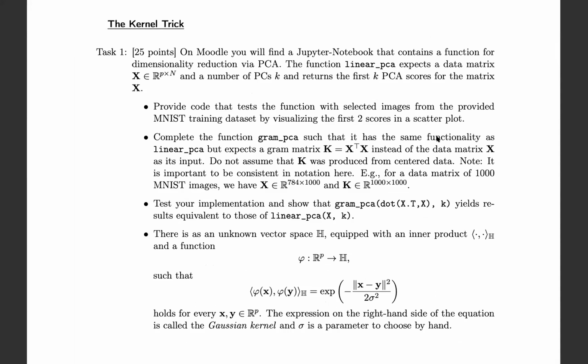If there are any questions, please ask in the chat. So I take it there are no questions regarding the assignment.